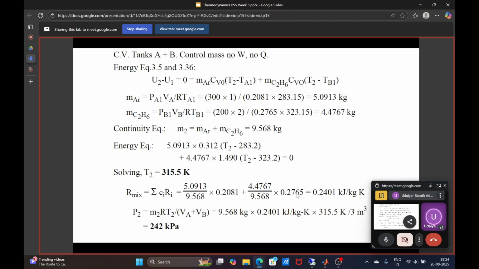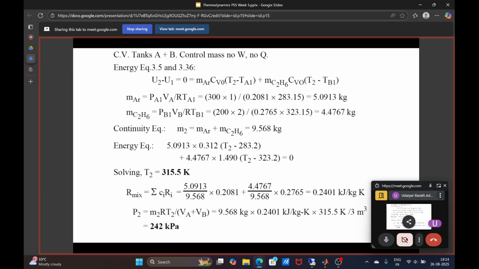Even if the gas constant is not given, as in this case, you can find it from the universal gas constant divided by the molar mass. So that will give you R mix as 0.2401 kilojoule per kg Kelvin. Assuming the whole gases have formed a uniform state, your pressure will be m2 R T2 divided by the total volume.